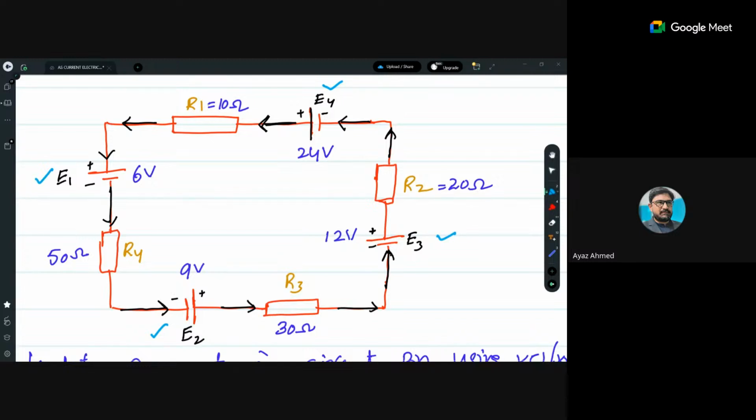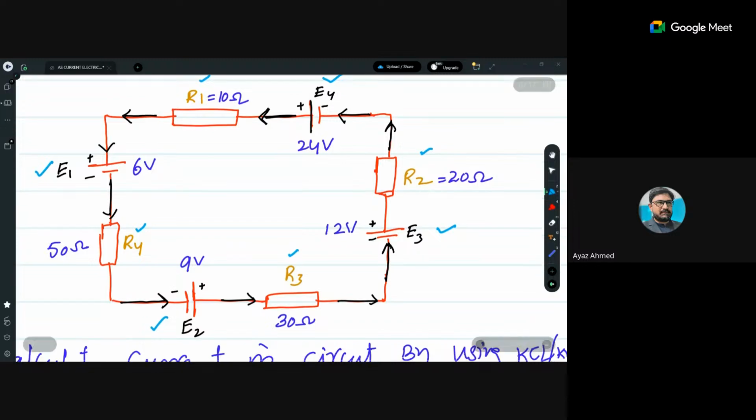Four loads are there in this circuit. R1 is load number 1, R2 is load number 2, R3 is load number 3, and R4 is load number 4. So they all are in such a way that voltage is produced and consumed in the given setup. So let me draw the path for that.